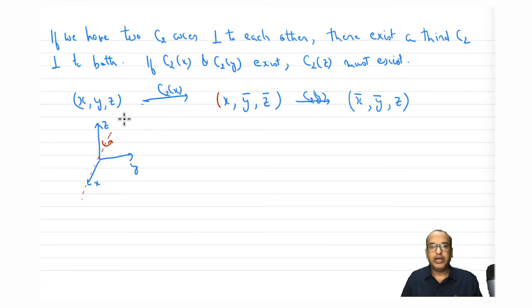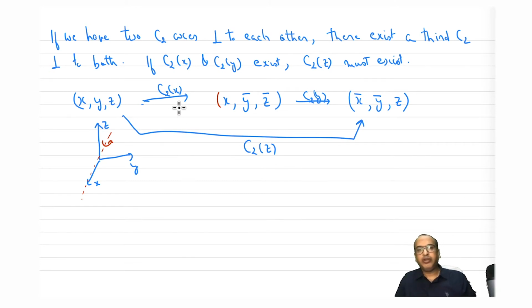Now you can easily see that to go from here to here, x is changing its sign, y is changing its sign, whereas z remains as such, which can be obtained by the C2z operation. Thus we have shown that if there are two perpendicular C2 axes, there must exist a C2 axis perpendicular to both. So C2z is perpendicular to both x as well as y.